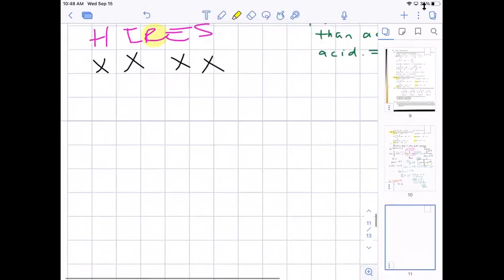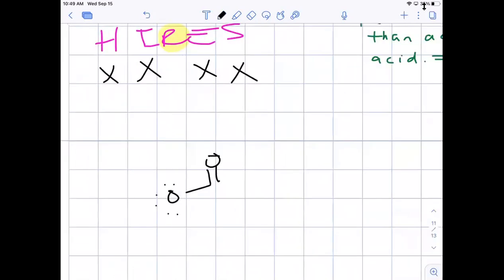All right, let's do that. So this is the acetate anion. Put that here. That's negative.